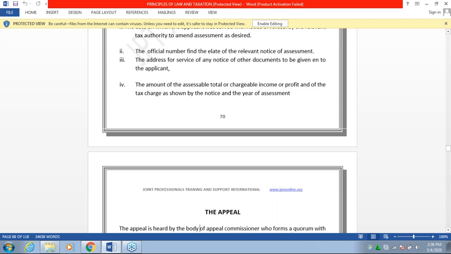Discuss. I think you have gotten the two questions. The first question says, discuss the concept of JTB, putting into consideration the Nigerian tax law. And question two, the Nigerian government uses taxation to allocate, to distribute, and to stabilize the economy. Discuss.